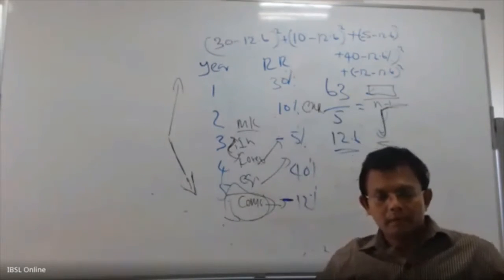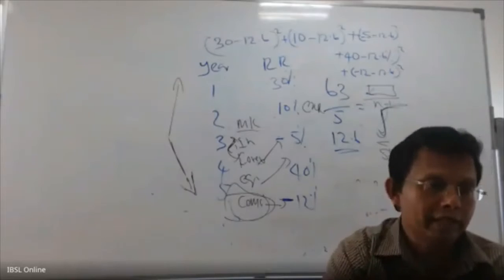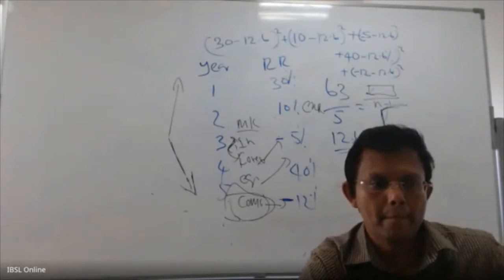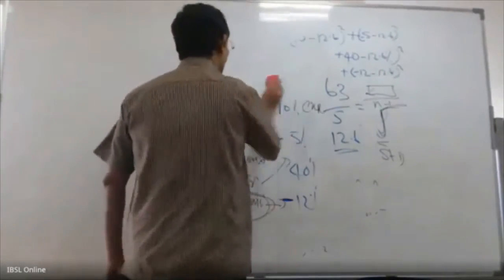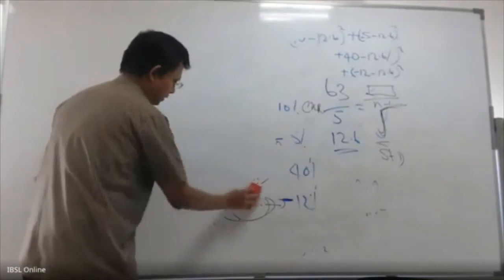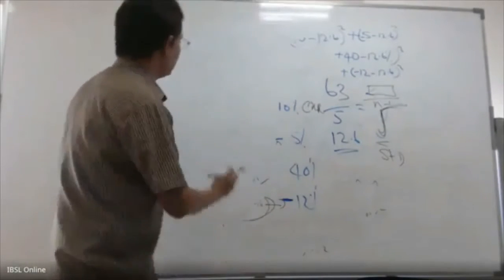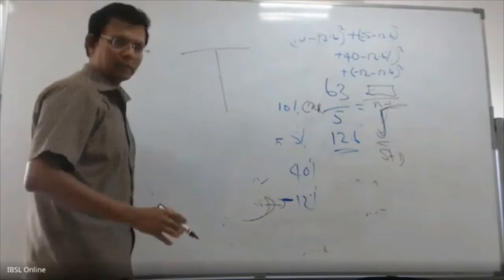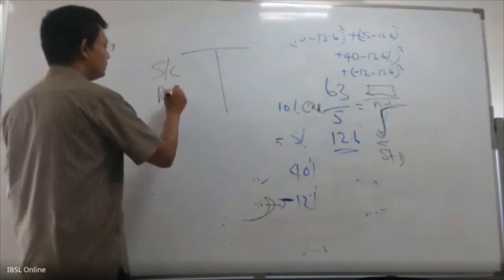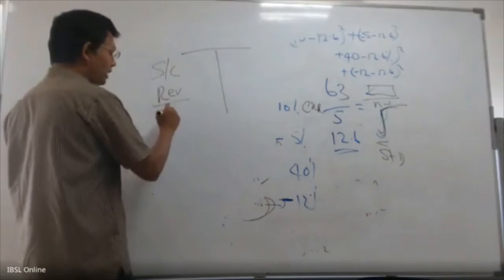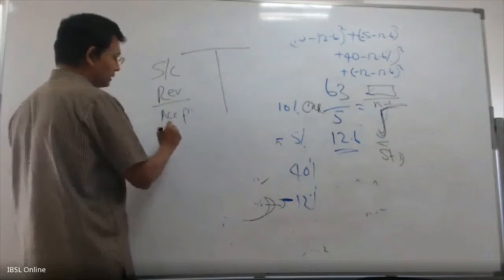Now, if you take a company, how does the balance sheet appear? This is a typical balance sheet. Share capital, then you have reserves. Under reserves, you have accumulated profit, then other reserves as well.